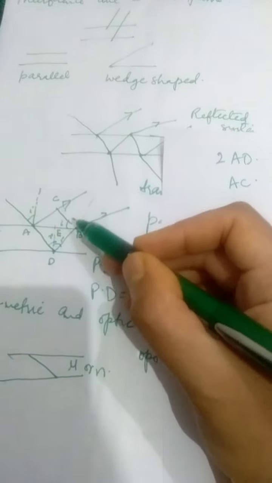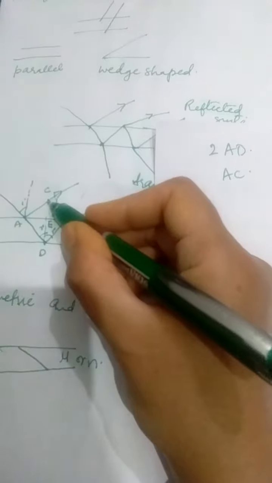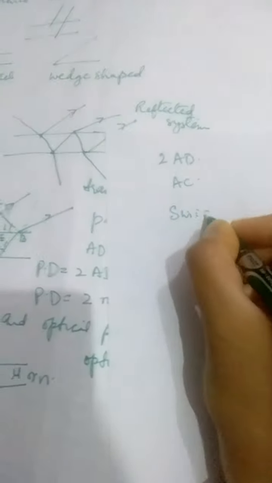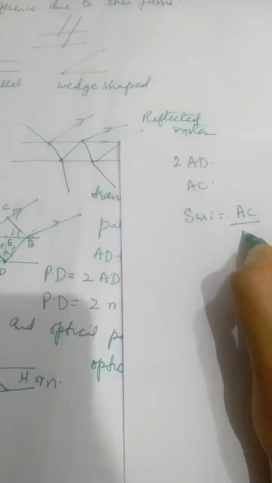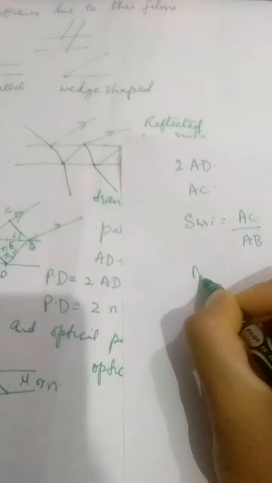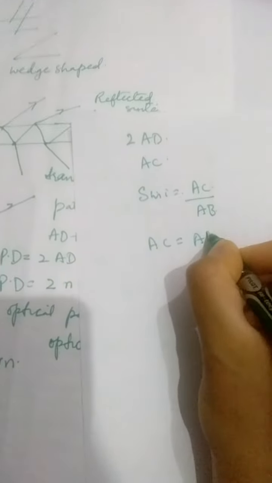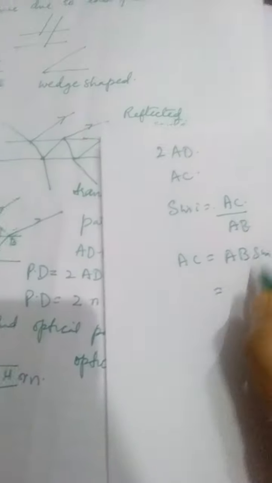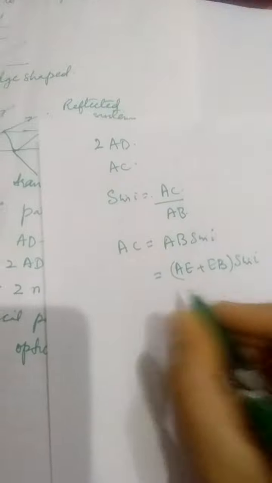Now, let us find the sine of angle i. So, sine i is equal to AC by this AB. So this AC is AB sine i, right? For this AB, you can write it is AE plus EB, AE plus EB sine i.